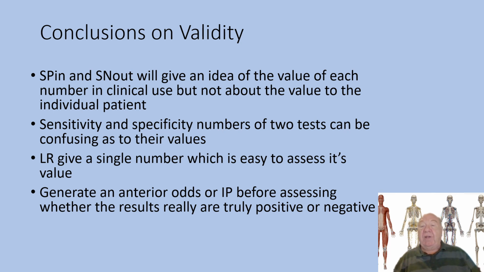Sensitivity and specificity numbers of the two tests don't necessarily give you an intuitive feel for how good the test actually is. So likelihood ratio does do that, and if it's not in the paper you're reading, it's very easy to calculate from sensitivity and specificity values, and these are all lookup-able.